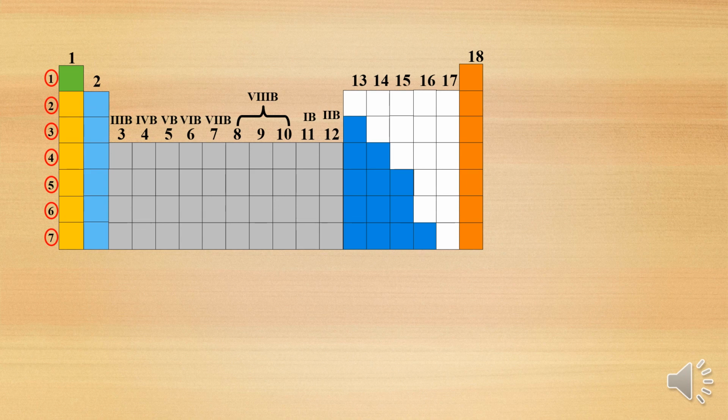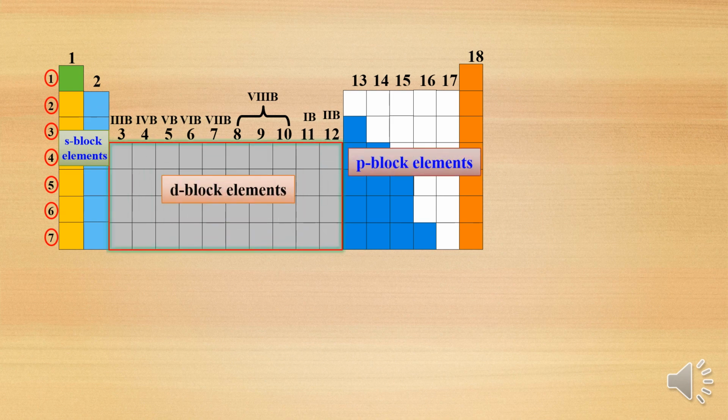Now in the middle, group 3 to group 12 are called d block elements. So group 1 and 2 are s block, group 13 to 18 p block, and group 3 to group 12 are called d block elements.